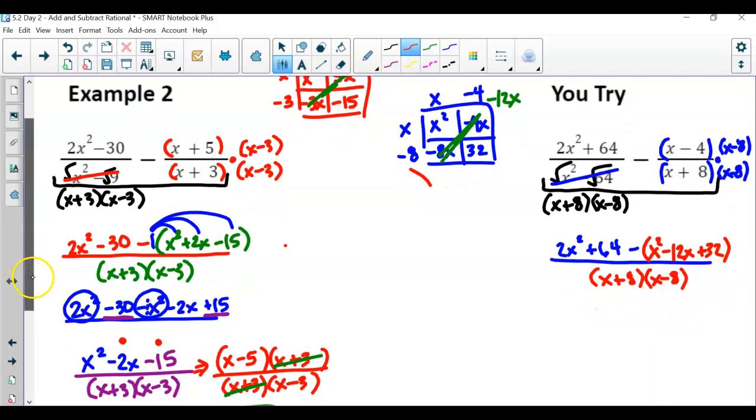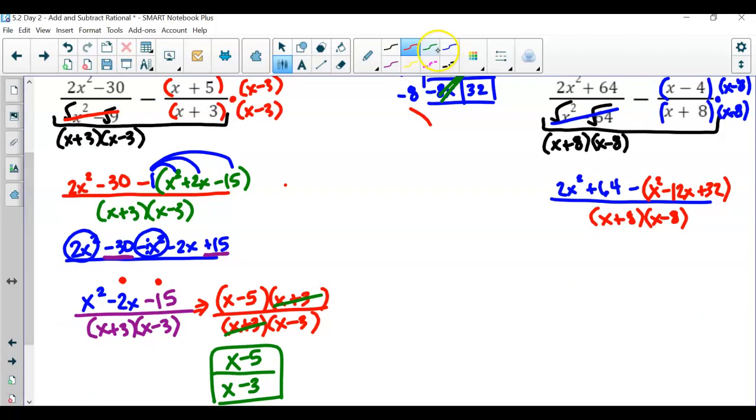And I notice before I can start combining like terms, I have my subtraction here, so we do need to distribute that negative 1. Here that means I have 2x squared plus 64 still, but now minus x squared plus 12x minus 32.